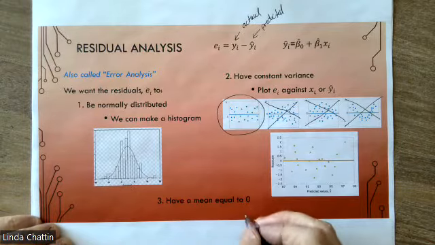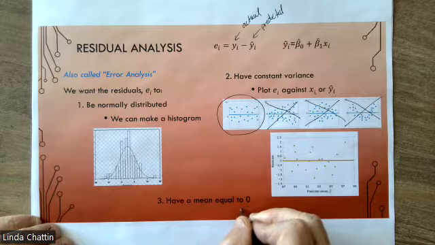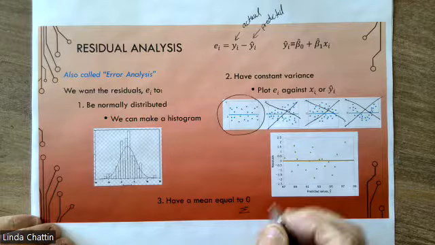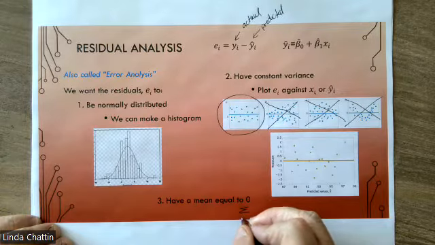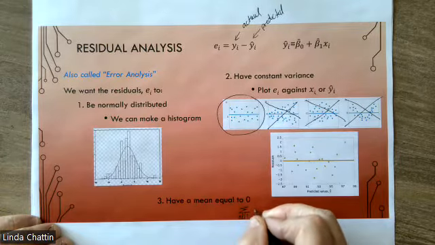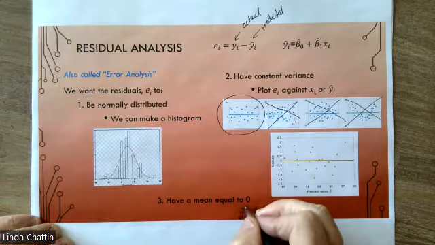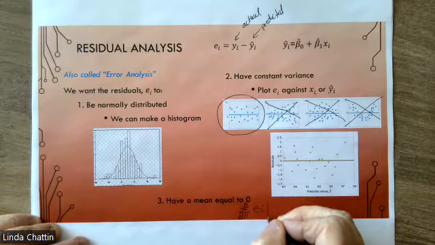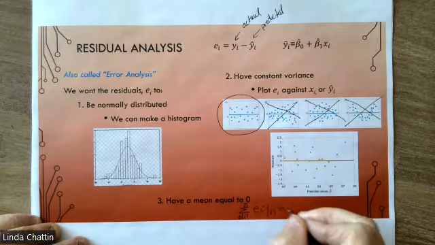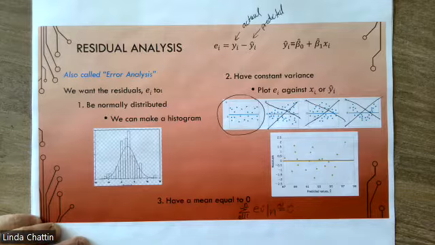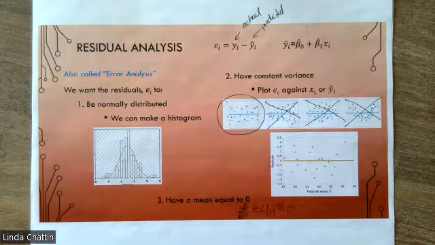In other words, if I took the sum over all i, i going from 1 to n, and I divide by n, I would really hope that that would equal 0 or be approximately 0. So those are the 3 properties we'd like to see with our residuals.